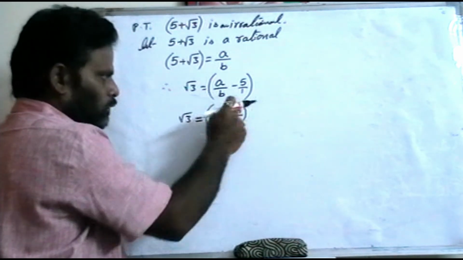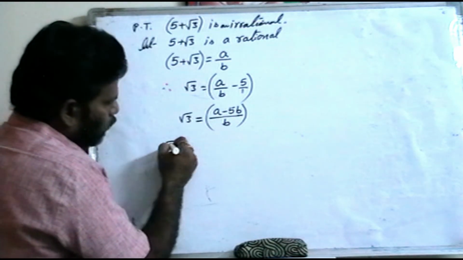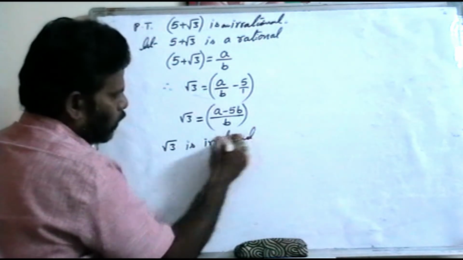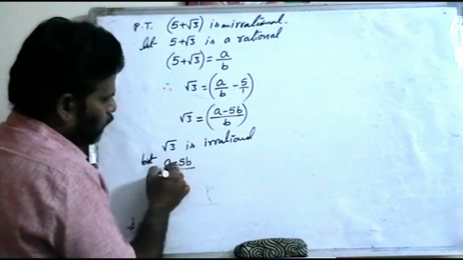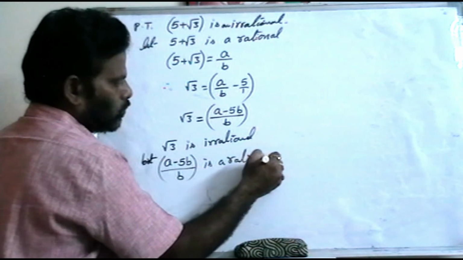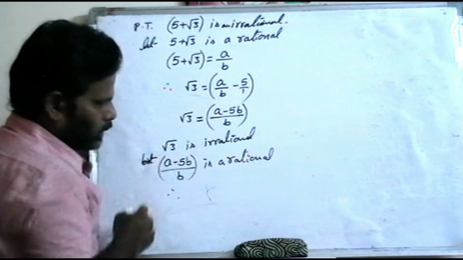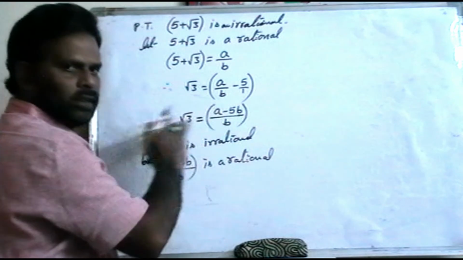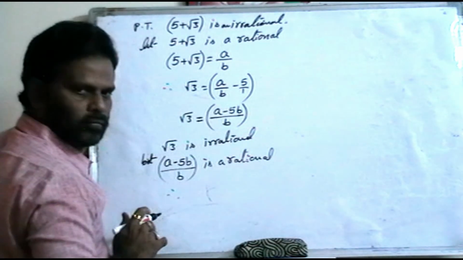Right hand side, (a minus 5b) by b, is a rational. Therefore it is a contradiction, because an irrational number equal to a rational means it is a contradiction, it is always false, it is impossible.